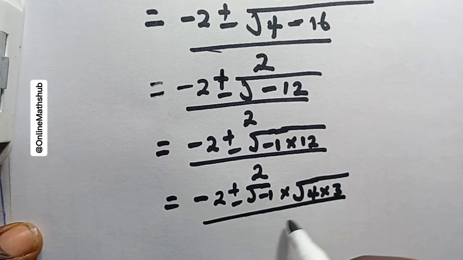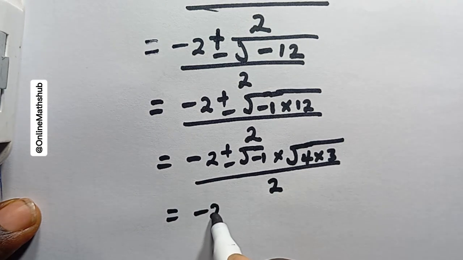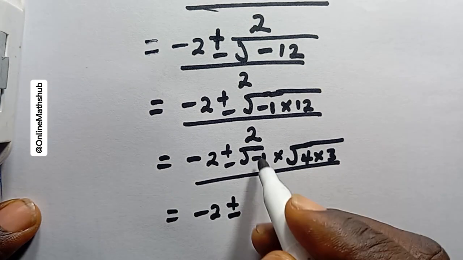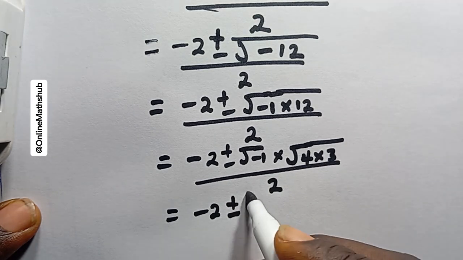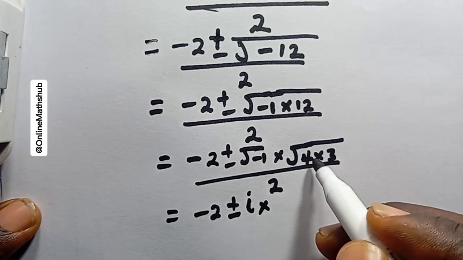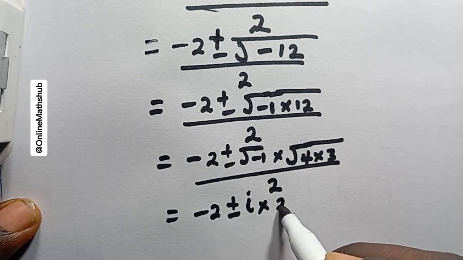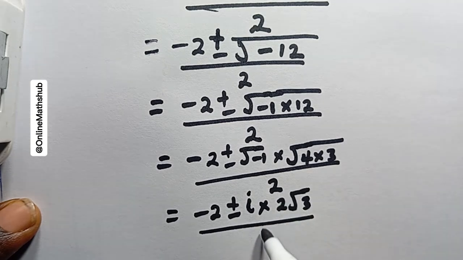All of these will be divided by 2, and then if I proceed, this will be equal to negative 2 plus or minus root negative 1, which is equal to the complex value i, and then multiply by root 4, which is 2, and then 2 times root 3, all divided by 2.